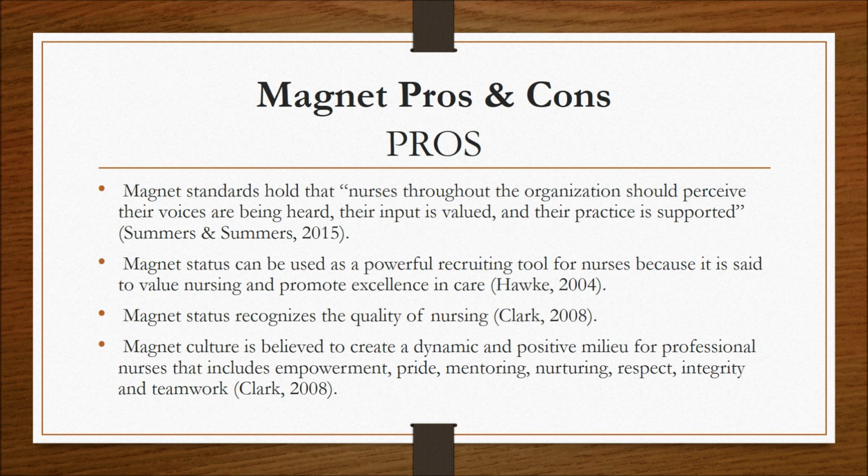Magnet status recognizes the quality of nursing, and there is said to be a magnet culture. Magnet culture is believed to create a dynamic and positive milieu for professional nurses that includes empowerment, pride, mentoring, nurturing, respect, integrity, and teamwork.